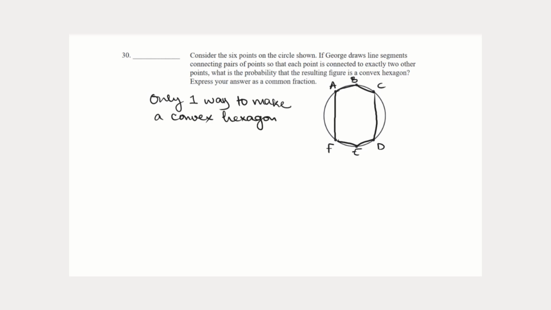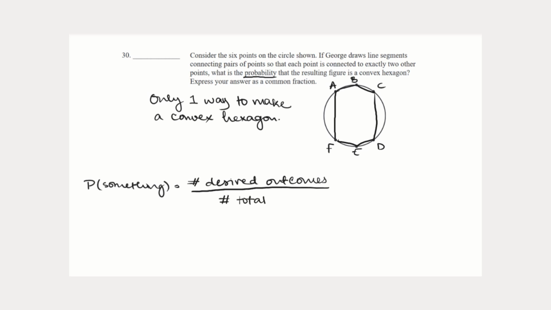Now the question asks, what is the probability that the resulting figure is a convex hexagon? So the probability of something is the number of desired outcomes, or what you're trying to achieve, out of the number of total outcomes, or all the possible ways you could have this thing satisfied.